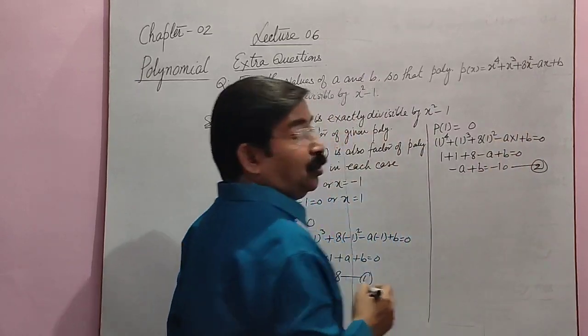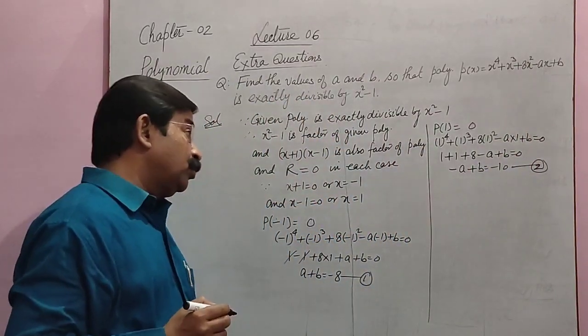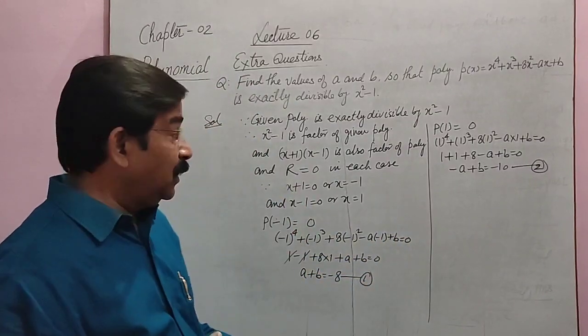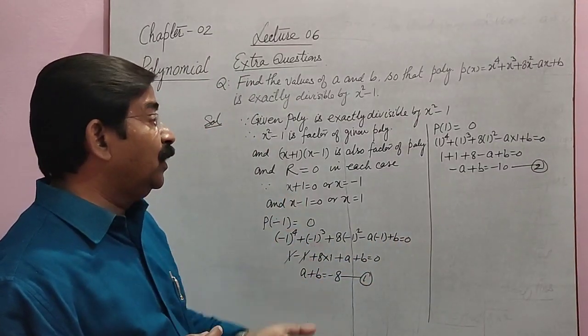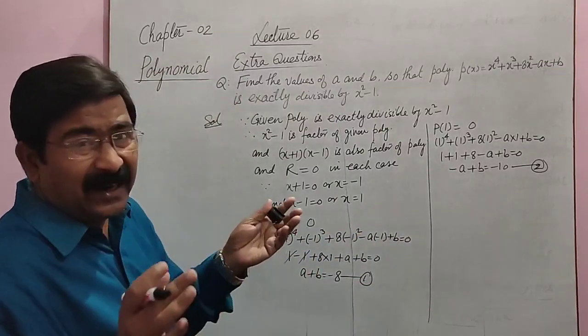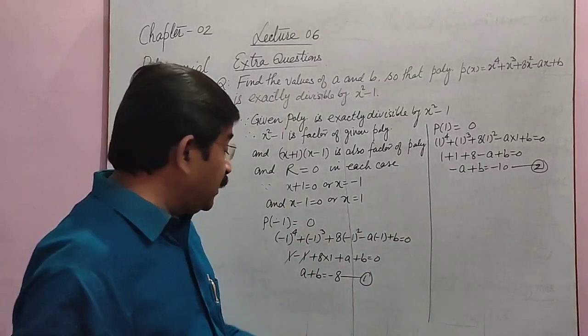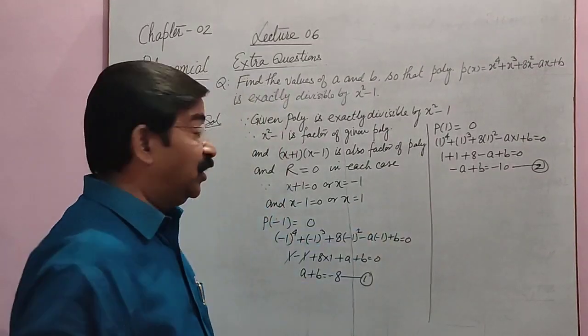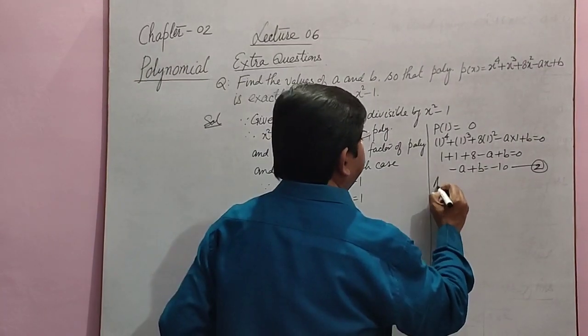Equation number 2. Now we have to solve the two equations by the substitution method, means substituting the value of a into this or b into this, or simply you can add the two equations. Plus a and minus a will cancel. So we can write like this.